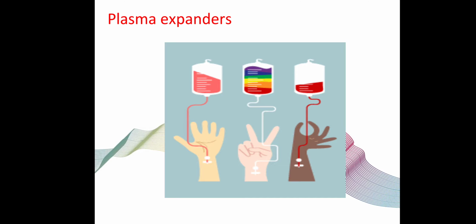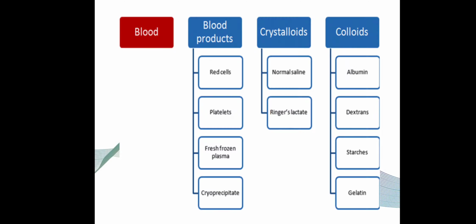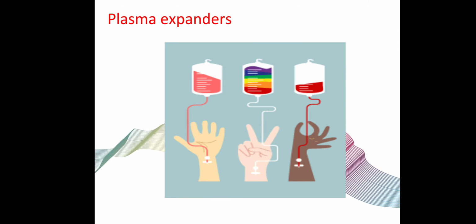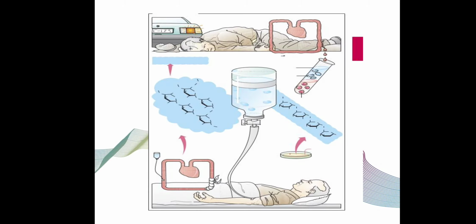So we'll see some details about these plasma expanders, the colloidal solutions. Basically they are inert substances. Whenever they are given, due to their inert nature, they will generate osmotic pressure within the blood vessels, and due to that osmotic pressure they will prevent loss of volume from the circulation, right.